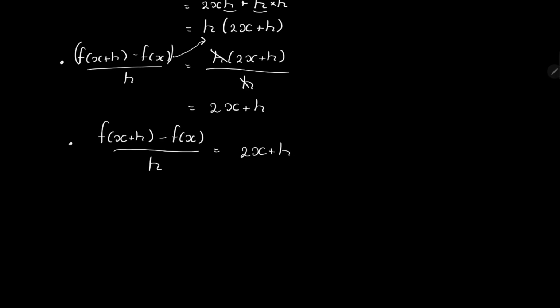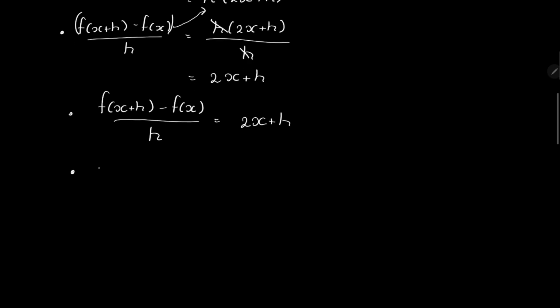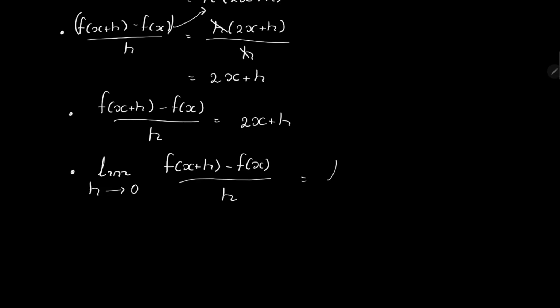So the next step is to work out the limit. That is, calculate the limit as h tends to 0 of f of x plus h minus f of x all over h, which is the same thing as the limit as h tends to 0 of 2x plus h.